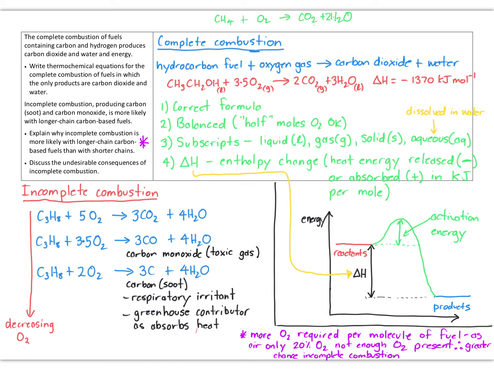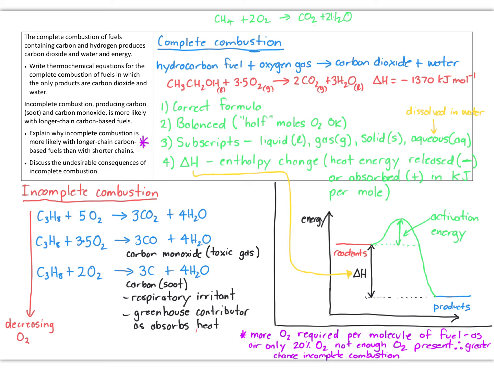We'd need 1, 2 there, so we'd need 4 oxygen on that side, so we'd see 2 there. So when we burn methane, we need just 2 oxygen molecules. When we burn propane, we'd need 5. And if we keep going up, we basically would say this pattern keeps going. It doesn't matter, you need more and more oxygen.